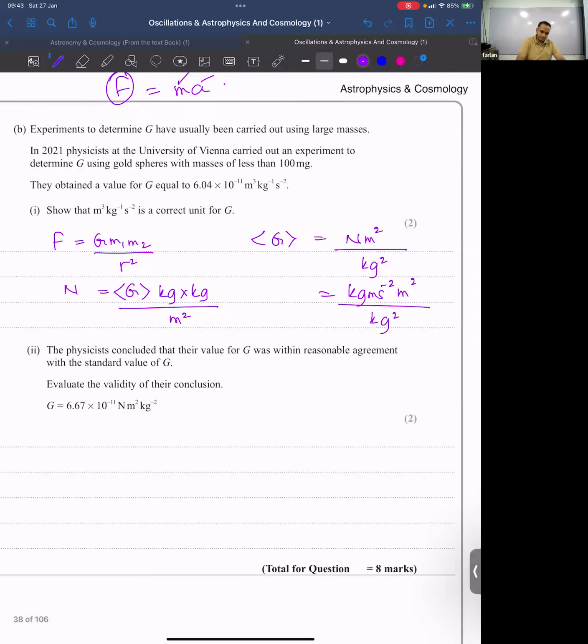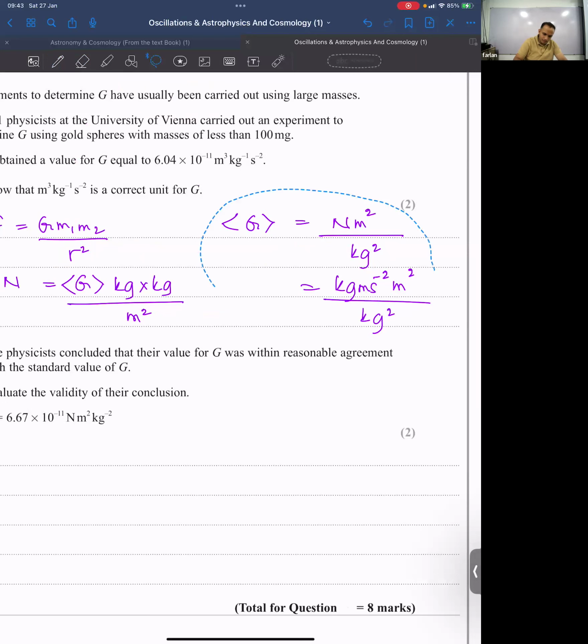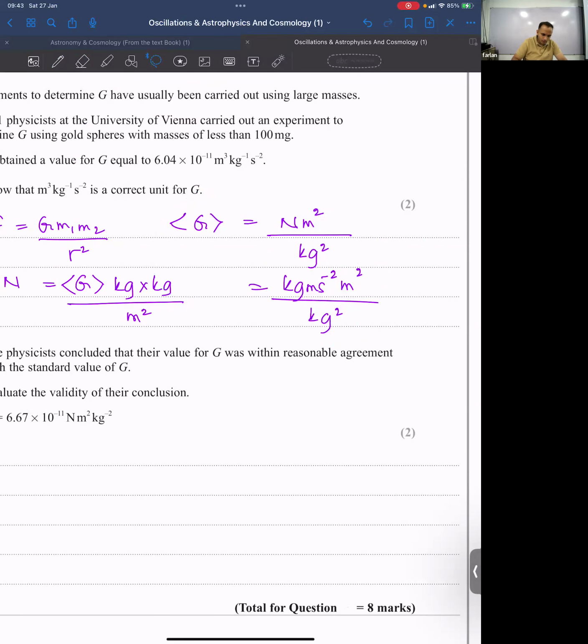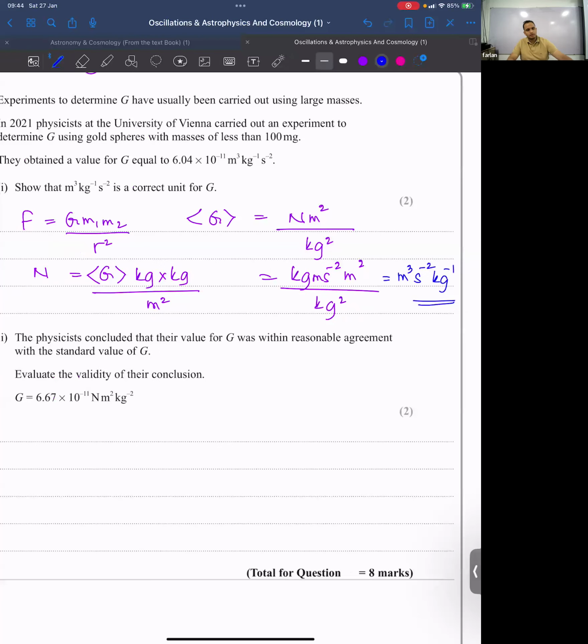Simple maths. So guys, kilogram divided by kilogram square will be per kilogram. Meters into meter square will be meter cube. s minus 2 per kilogram. Done.